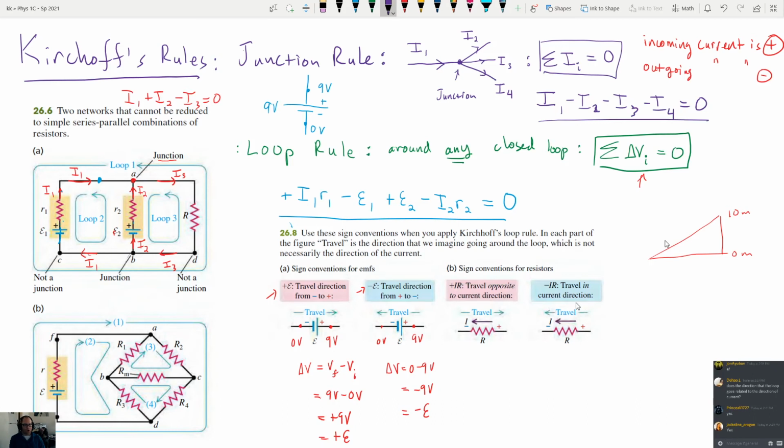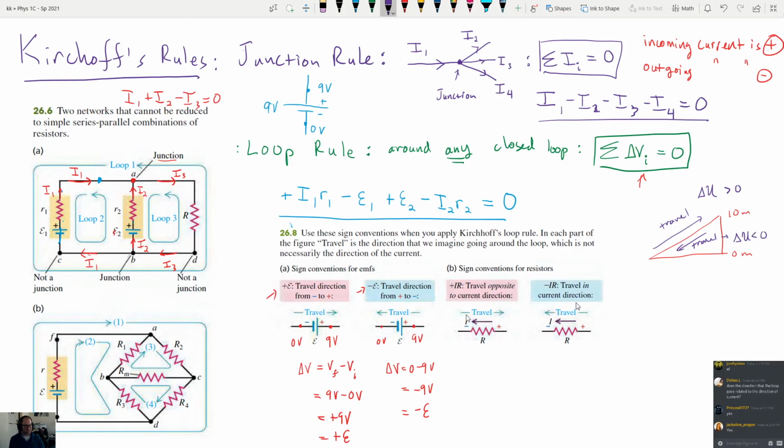If I go up the hill in this direction, what happens to the change of potential energy, delta U? Is it positive or negative? Positive, right? And if I travel down in this direction, delta U is negative, right? The change of potential energy is less than 0 because you're going downhill.